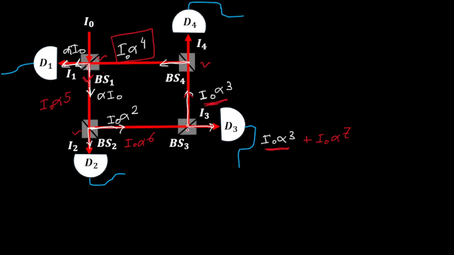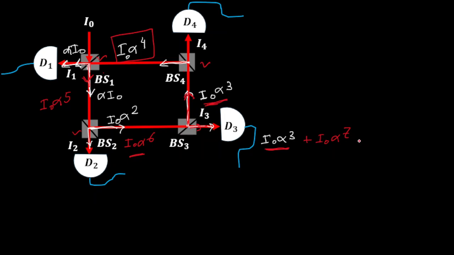Again, the same amount of intensity will also be reflected in this direction, and again it goes to S4, then to S1, then to S2, and then to S3.